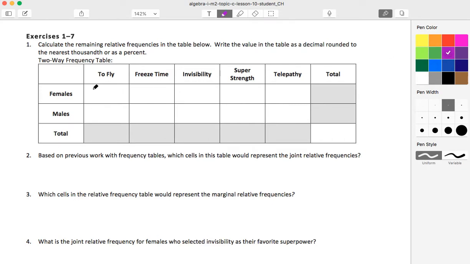percentages. So this is 10.9%, 13.3%, 10.7%, 0.2%, oh that's very small, it's 0.2%. Telepathy, 15.6%.